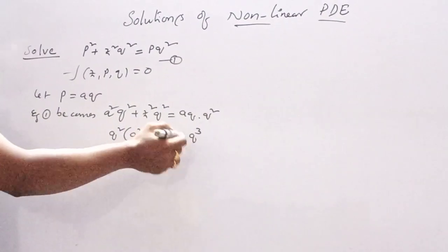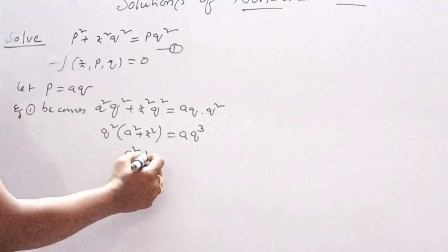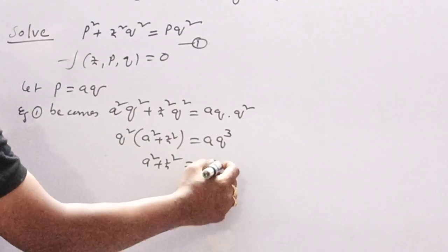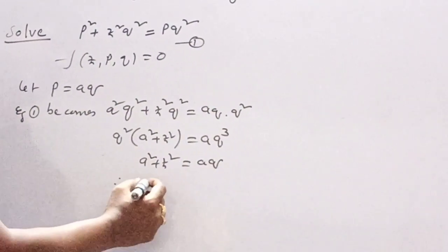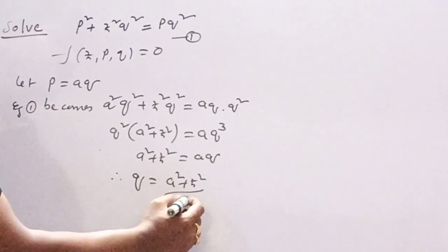So q square on the left side and right side get cancelled. So a square plus z square equal to a into q. Therefore q equal to a square plus z square by a.